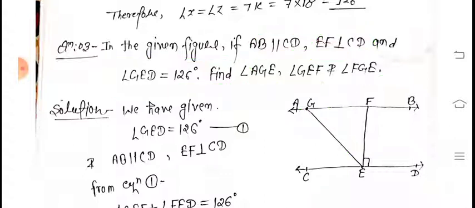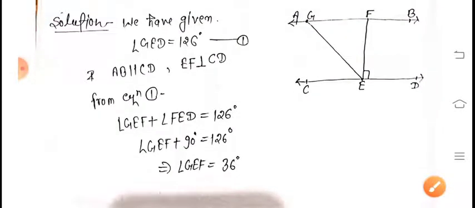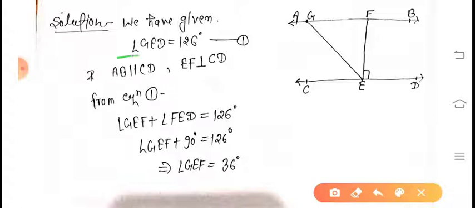And these angles are alternate angles. So from this we have given angle GED equal to 126, and this angle GED can also be written as angle this plus angle this.